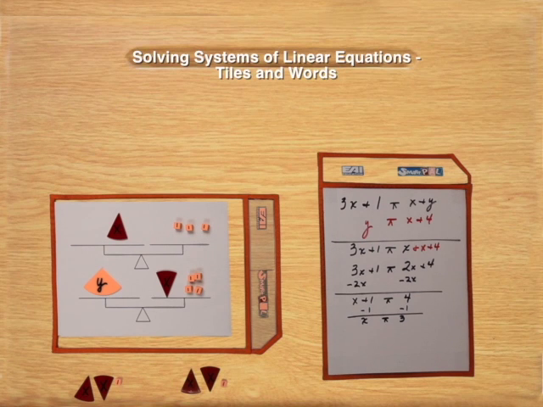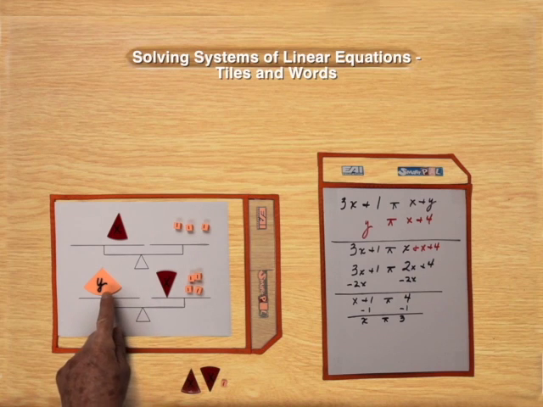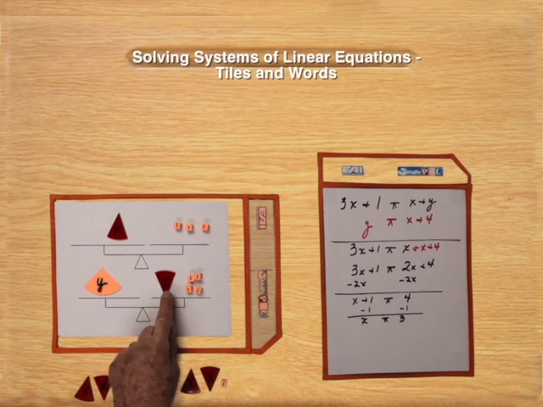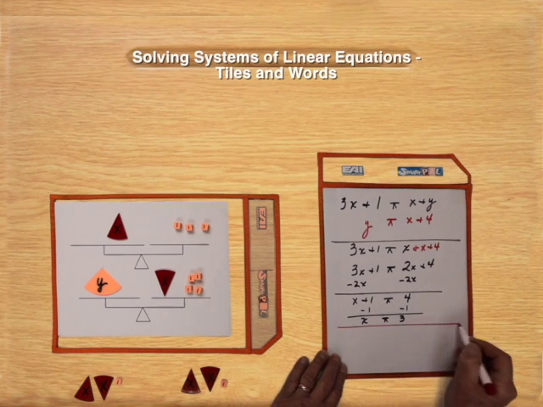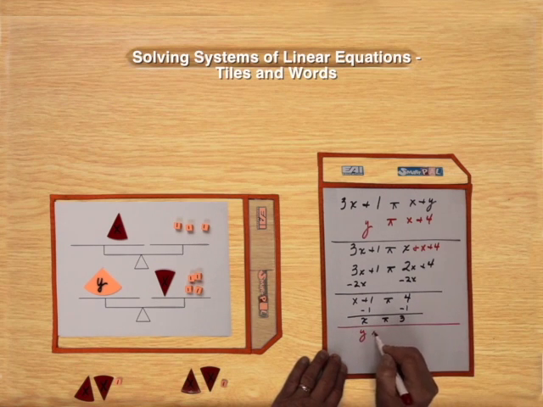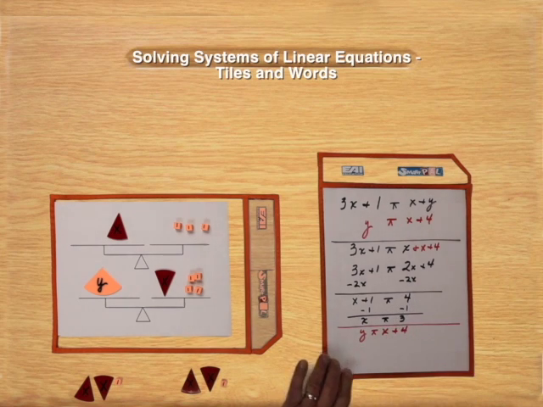The question is, if x balances 3, what's the value of y? Well, what we can do is we go to our balance and we say we have y balancing x and 4 1's, but we know that x balances 3 1's.